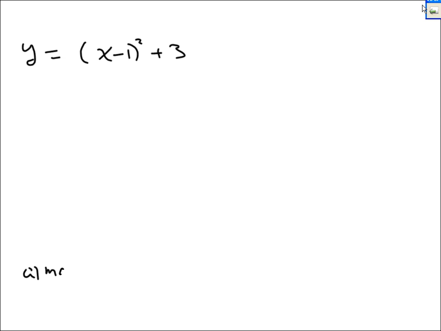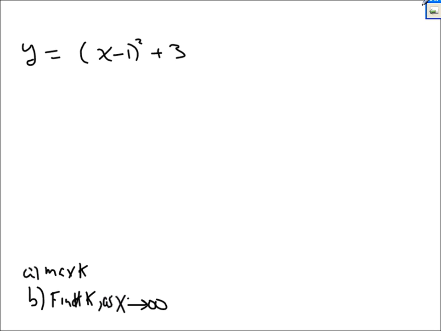Okay, I want to find a, max k, and b, I want to find k as x goes to infinity. I want to find k as x gets bigger and bigger and bigger.